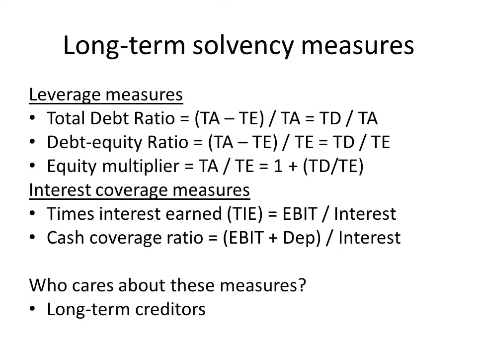In that case, with 0.6, we would wind up with 0.6 divided by 0.4, which gives us 1.5 for the debt-to-equity ratio. Now keep in mind that the total debt ratio only went up by 20% from 0.5 to 0.6, but the debt-to-equity ratio went up by 50%. Therefore, there's this non-linear response of debt-to-equity ratio to changes in the amount of debt in the capital structure.